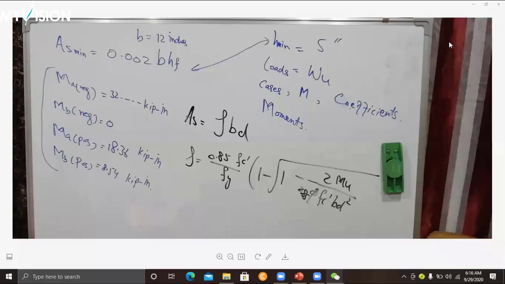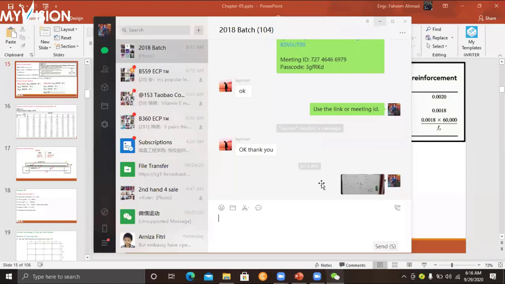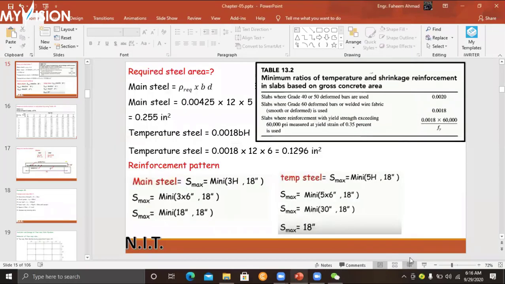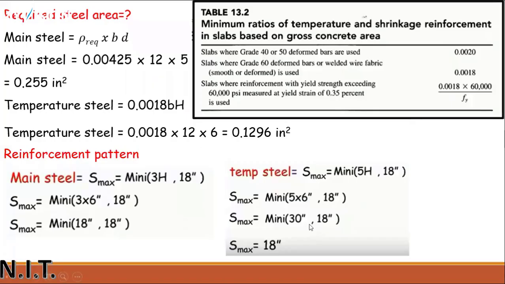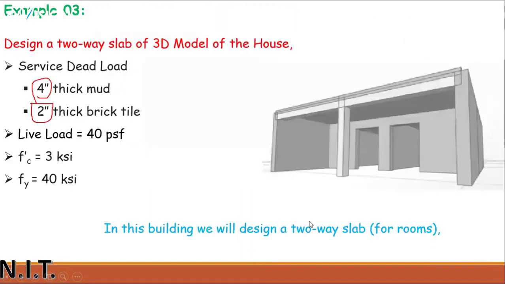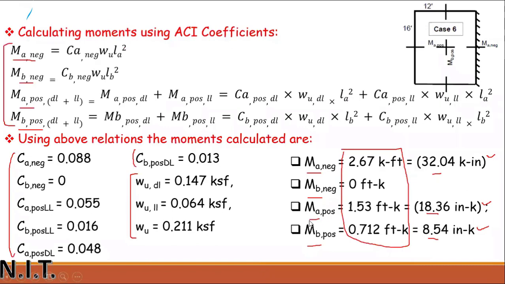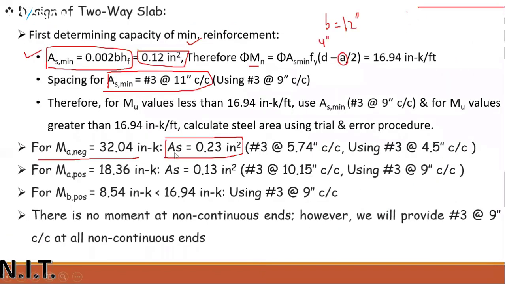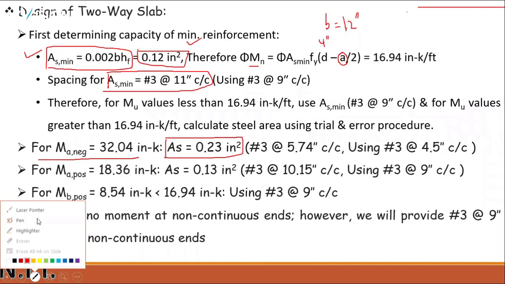So likewise, this way I have sent you this formula, and this way you can calculate all these steel ratios and areas of steel by using these moments.